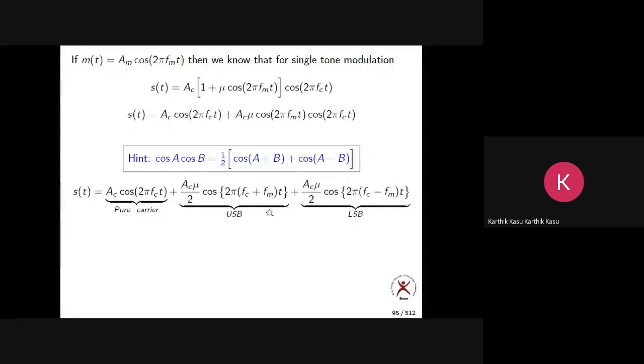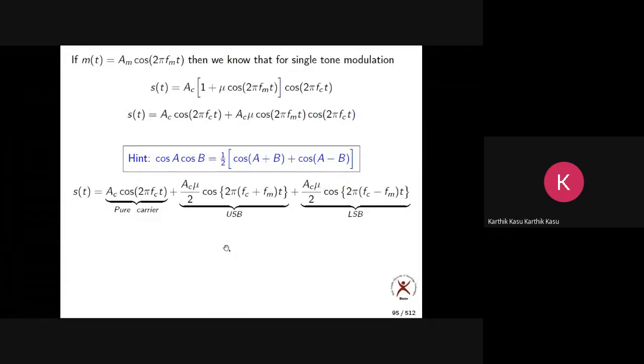Now, can you take the Fourier transform for this signal? Here we have three cos functions: cos 2 pi fc t, cos 2 pi (fc plus fm) t, and cos 2 pi (fc minus fm) t. All are cos functions only. If you take the Fourier transform of a cos function, what do you get? Impulses. Now in the spectrum, all are impulses only.